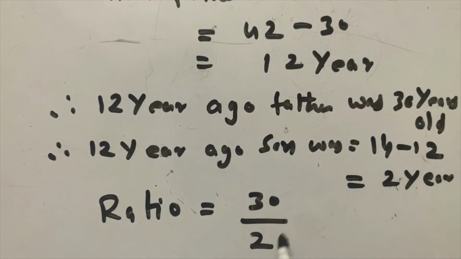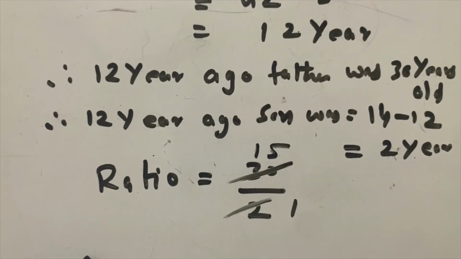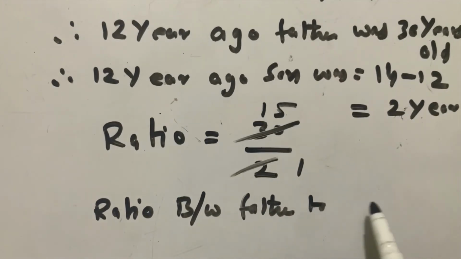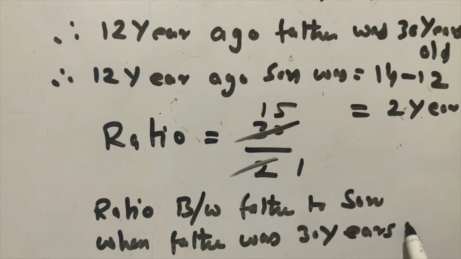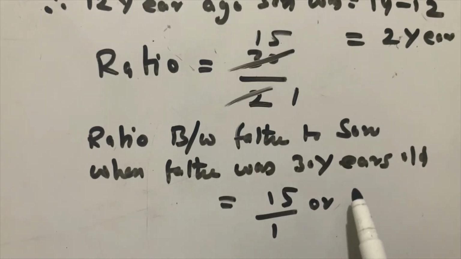The ratio is 2 ones are 2, 2 fives are 10, so 15 to 1. Ratio between father to son when father was 30 years old is equal to 15 upon 1, or 15:1. It is the answer.